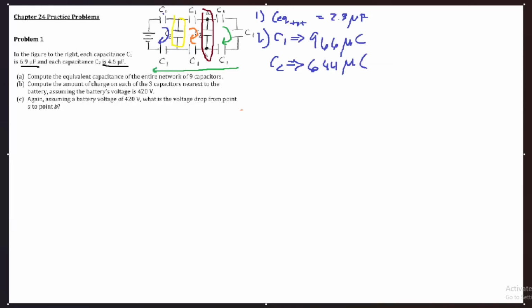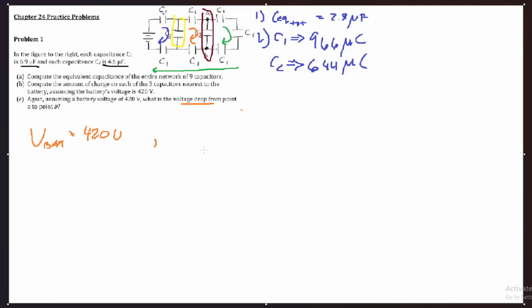So for number 3, again, assuming a battery voltage of 420 volts. So we can just rewrite the same thing: V battery equals 420 volts. What is the voltage drop from point A to point B?